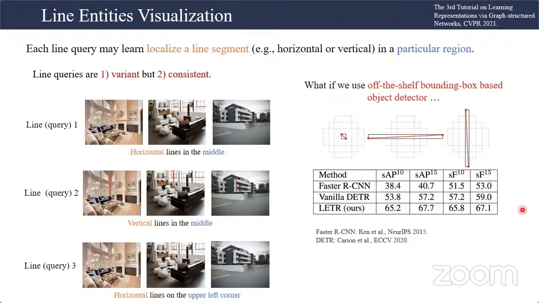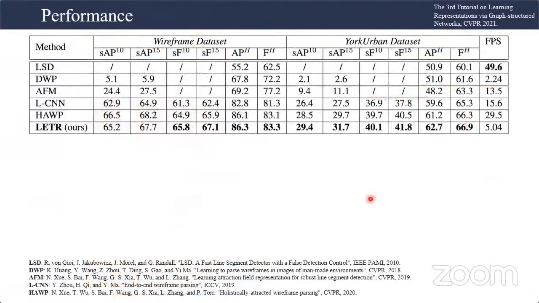And LETR has better performance than Faster R-CNN and the vanilla DETR using bounding box representation. The elongated geometric structure of line segments makes it difficult for the standard bounding box representation to formulate.